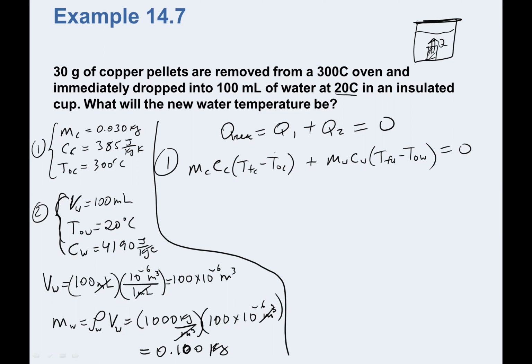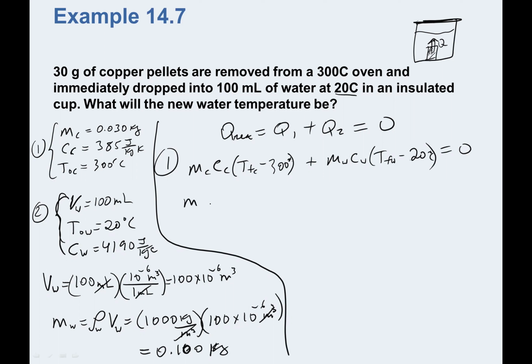So remember, technically I have the initial temperature of the copper as 300 degrees Celsius, and the initial temperature of the water is 20 degrees Celsius. So I have to distribute this.